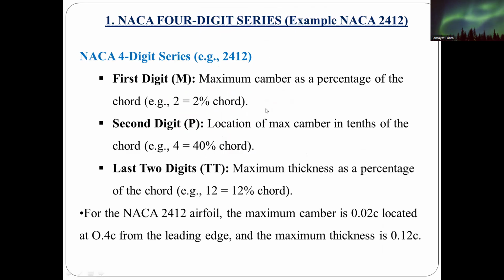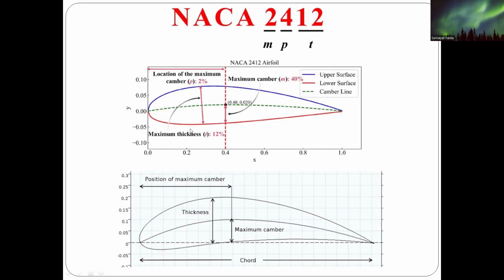The remaining 12 indicates that 12% of the chord is the maximum thickness. So we have the maximum camber, the location of maximum camber, and the maximum thickness.